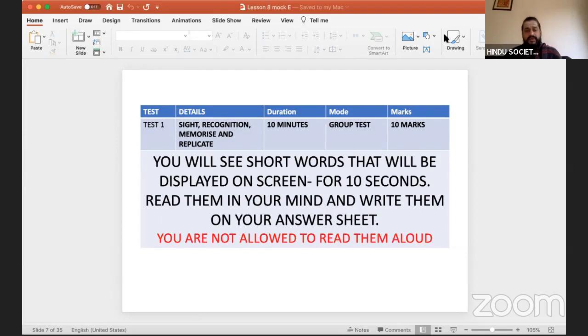If you are all ready, just put a message on the chat box that I'm ready, or put a thumbs up symbol. Yeah, I've got it from Ashdeep ji, Meenakshi, Dr. Anand, Umaji. I'm waiting for the others.